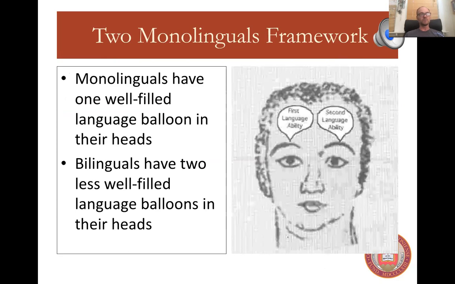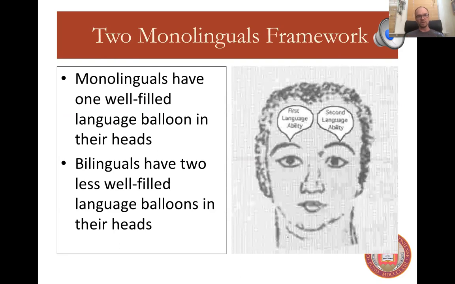The first framework is probably the one we're all most familiar with and see at play most often, and that's called the two monolinguals framework. This is the idea that monolingual people have one well-filled language balloon in their head. Monolinguals only speak one language, so that's the only language in there that is being used or processing information cognitively.